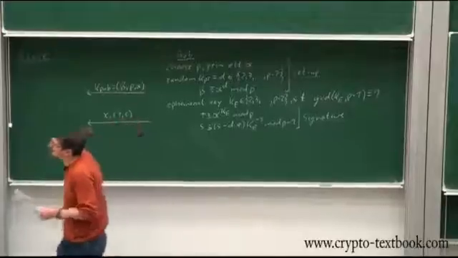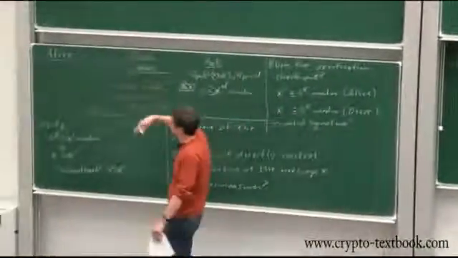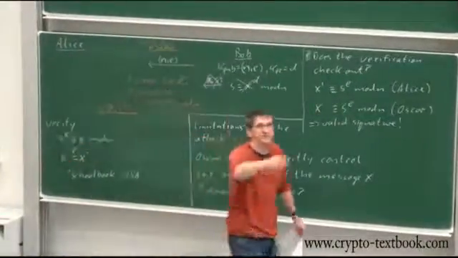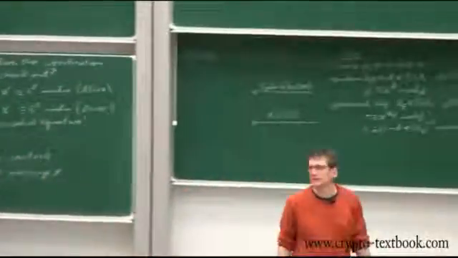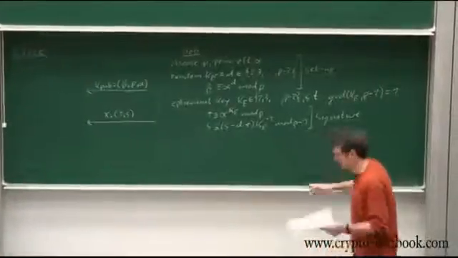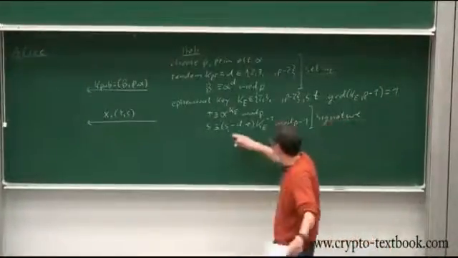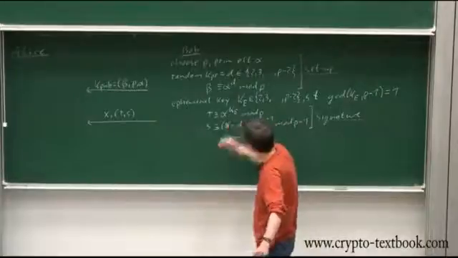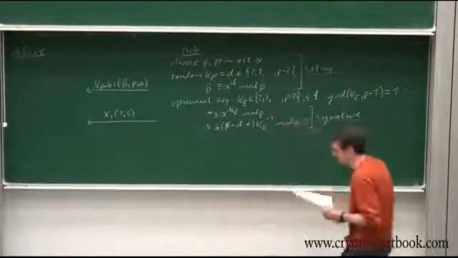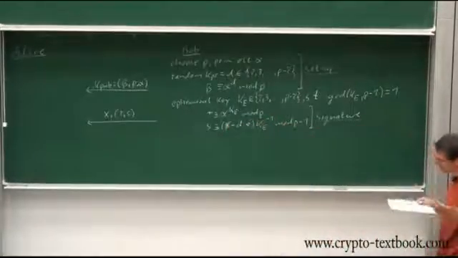What does Alice have to do? We saw that before, Bob signs, Alice verifies. We need the tag, we need the message, right?